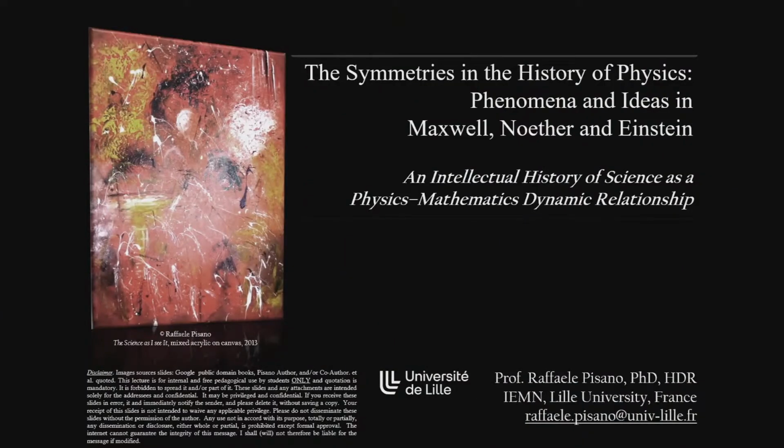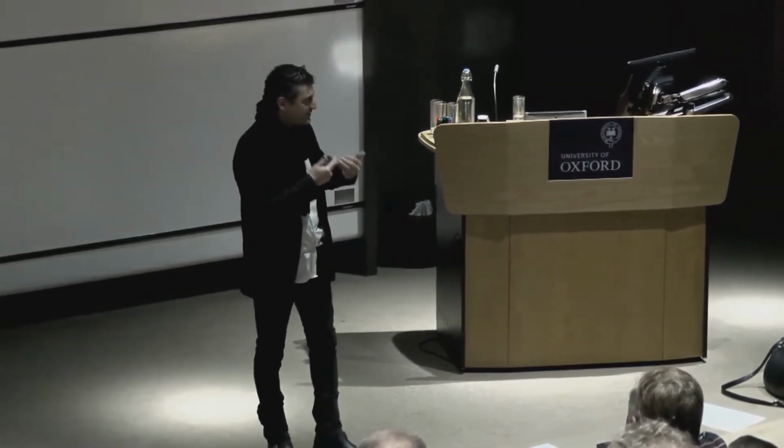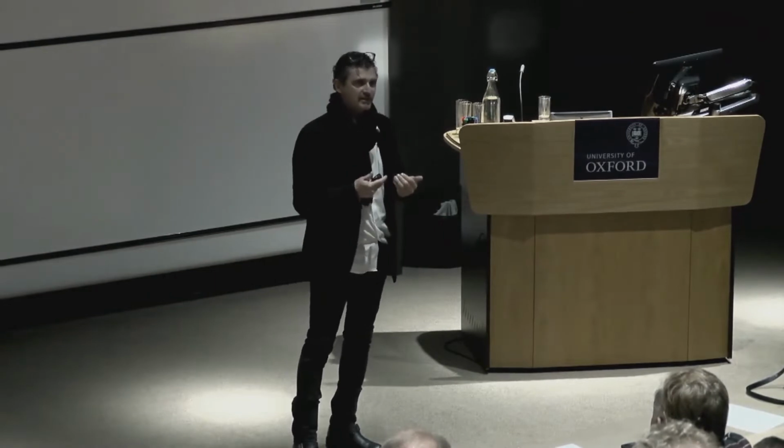Perfectly, I would like to talk about the mechanism, the ideas that produce a symmetry in physics, because I think it's more interesting to understand how some reasoning arrived at symmetry, because we know symmetry, conservation of law, etc. But in the history of science, particularly in the history of physics, it is interesting to understand the intellectual part of the science, the reasoning that we have in the background.